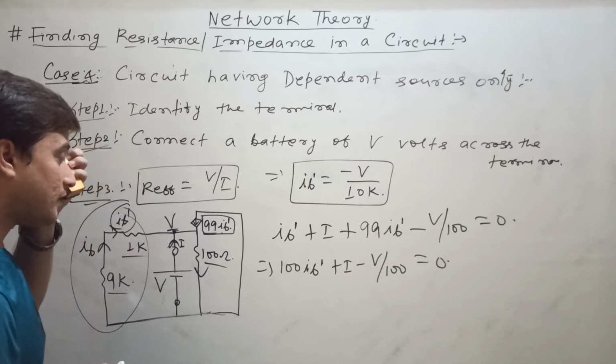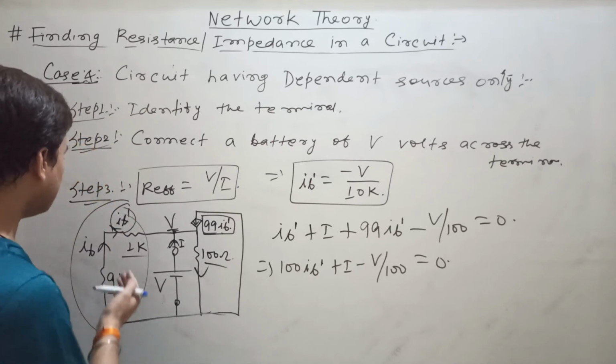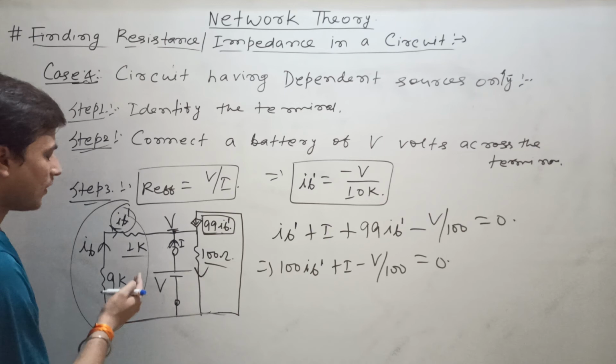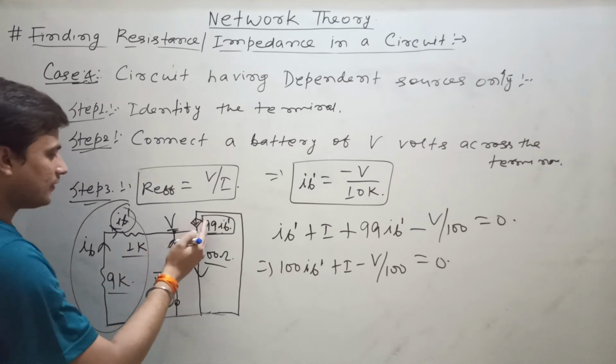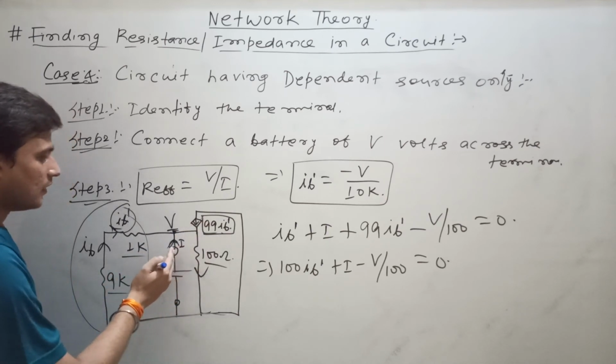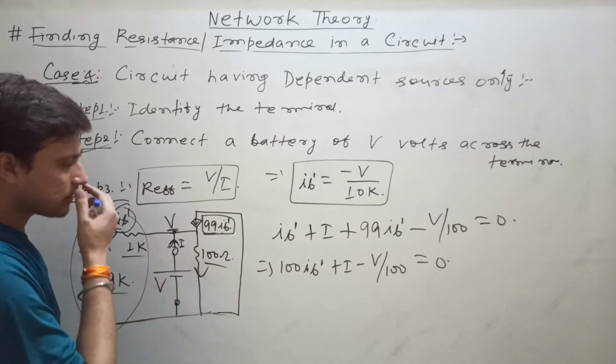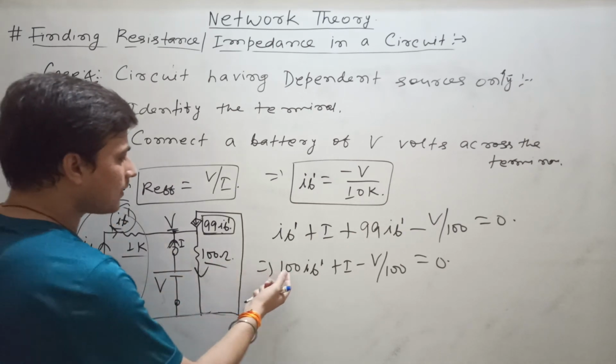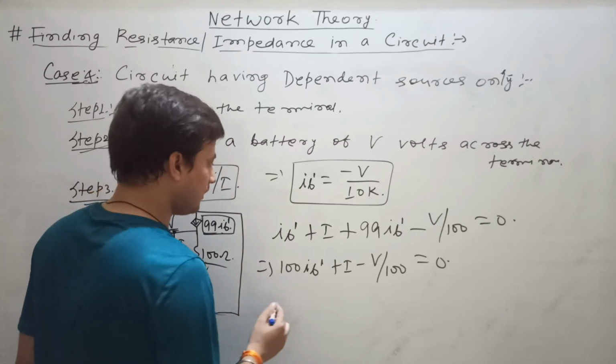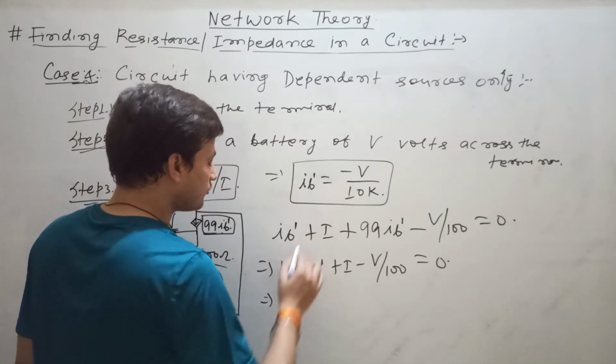So now what do you write? Here see, IB dash is incoming, 99 IB dash and I, all these 3 currents are incoming and only one current is outgoing. Now what will happen? 100 into IB dash, that means here now it will become minus.